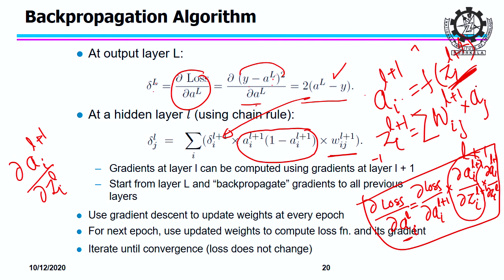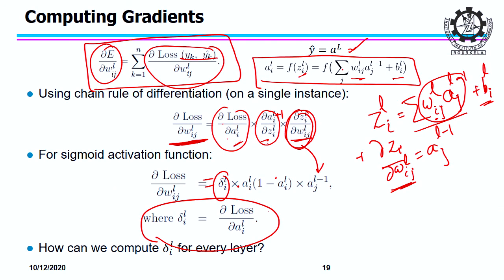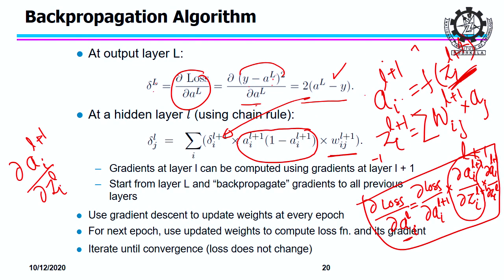If you go back to the formula here, whatever the value of A I L or Z I L, the level should be L minus 1. So, whatever the value here, it should be minus 1. Therefore A j will be at level L.